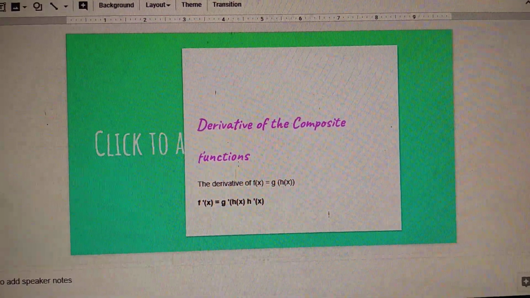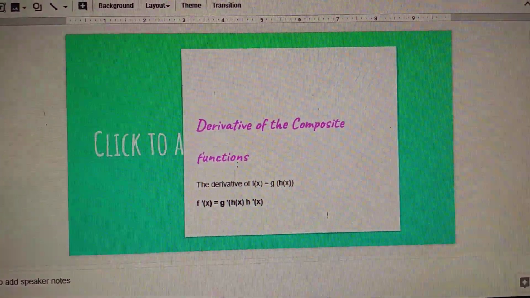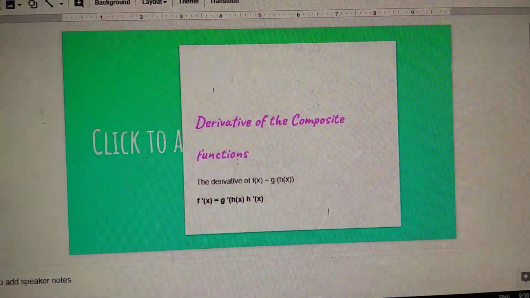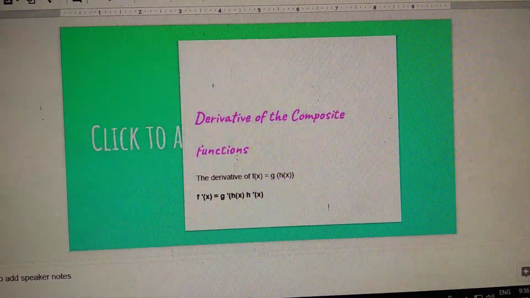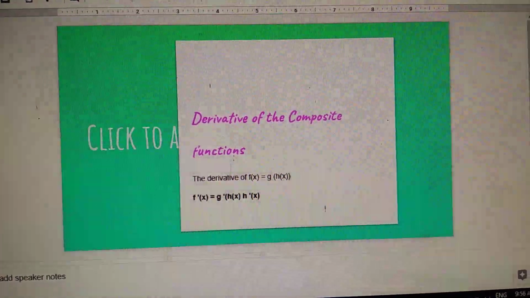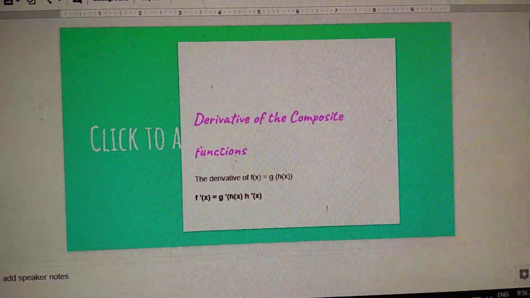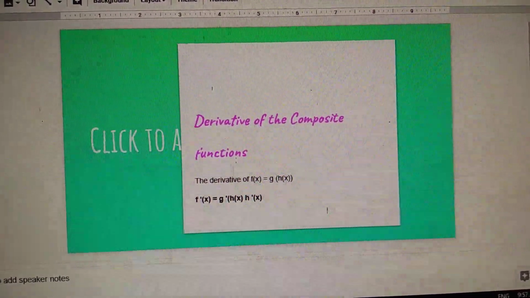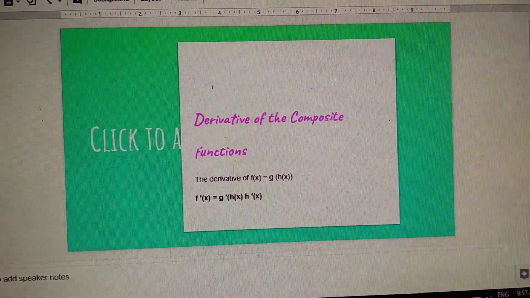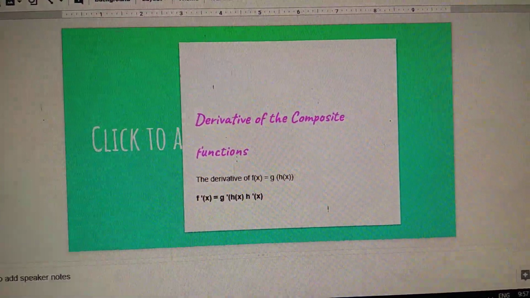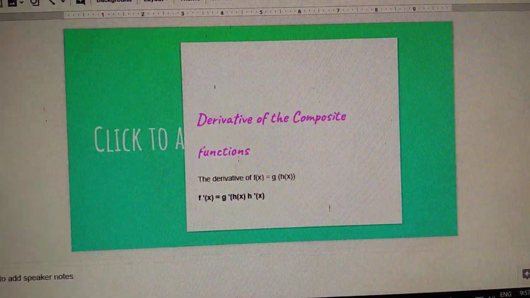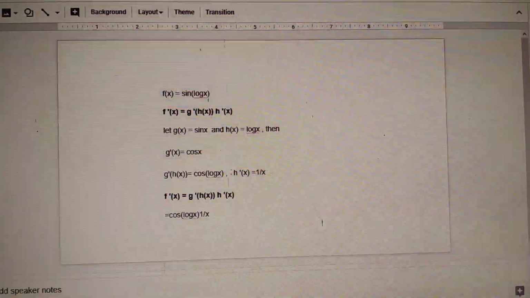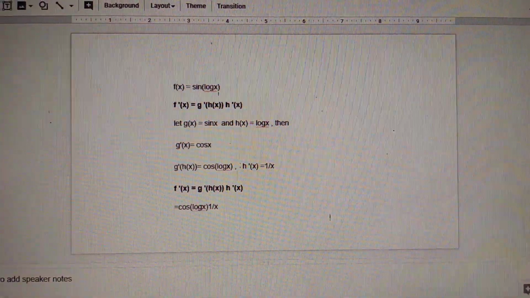We already know this concept from our limit and function chapters. Suppose f is the composition of g and h. That is, f(x) is equal to g compose h. Then the derivative f dash is equal to the derivative of g compose h into the derivative of h. Consider this rule with two simple examples.